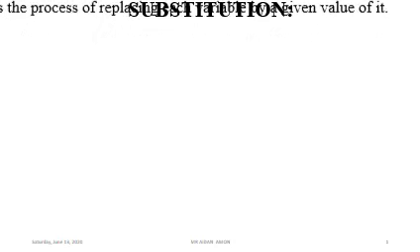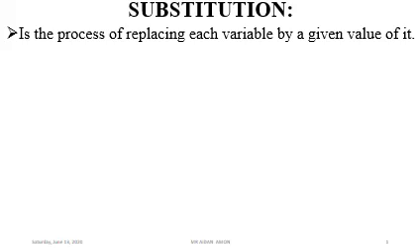What is substitution? Simply, it is a process of replacing. Substitution is a process of replacing each variable by a given value of it. So the process in which a variable can be replaced by its value is called substitution.